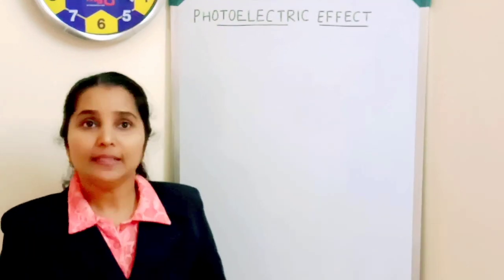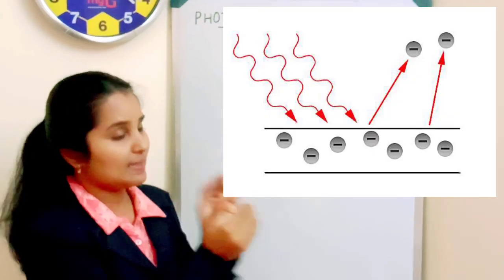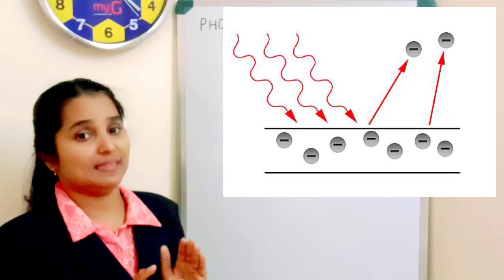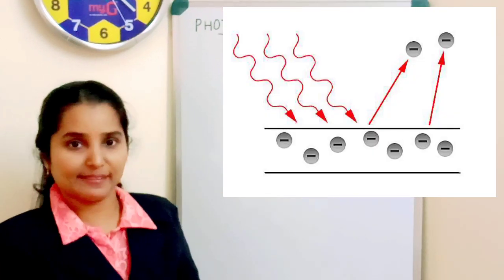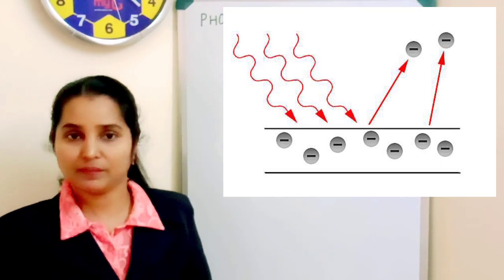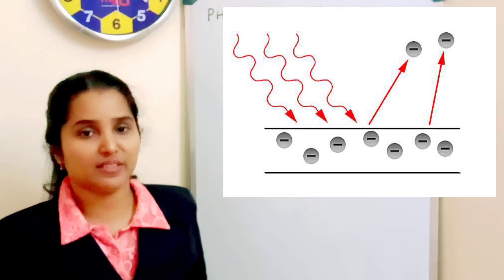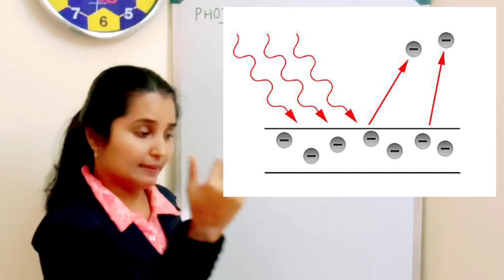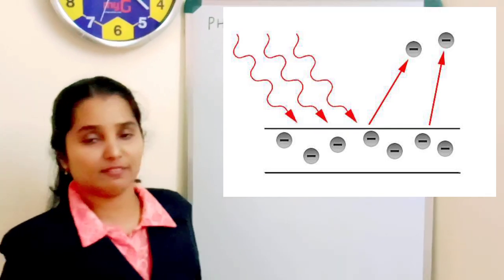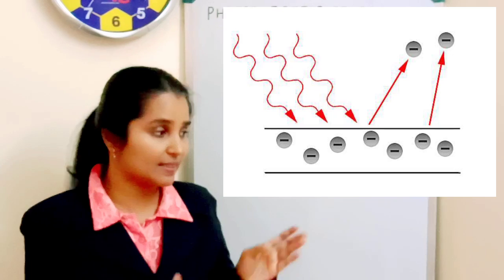One is, the moment the light strikes the metal surface, the electrons are ejected. That means there is no time difference. It's not like light strikes the metal surface first and then the electrons are ejected after some time.